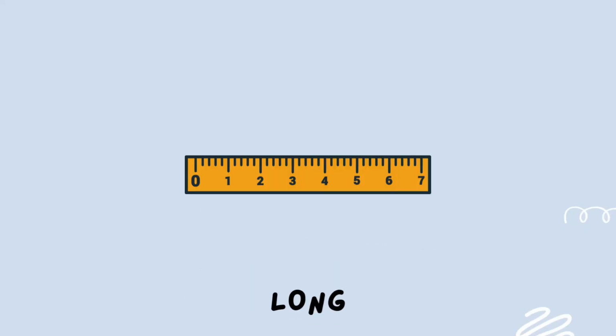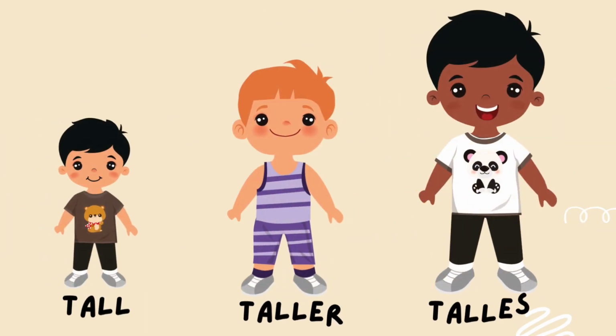The best adjective to describe a ball is big. Read after me. Big. Another word for today is a ruler. Read after me. Ruler. As stated in the slide, the best adjective to describe a ruler is long. Read after me again. Long. Okay, good. Let's move on to the next slide.